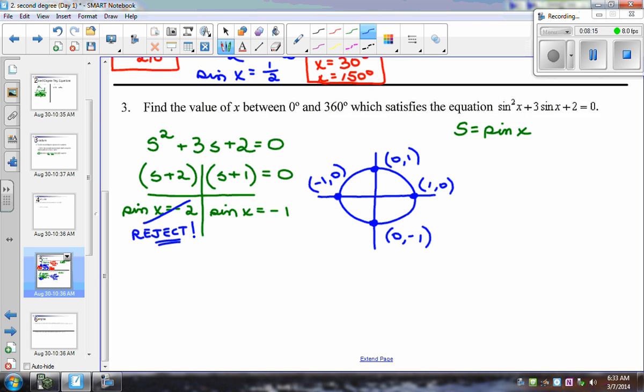As you guys hopefully remember, sine equates to the y value on the unit circle, and the only angle that has that situation going on is at 270 degrees. Thus, the only answer here is 270 degrees.